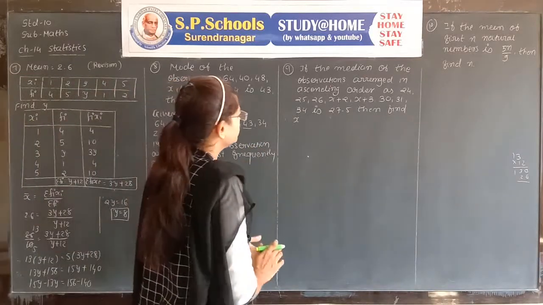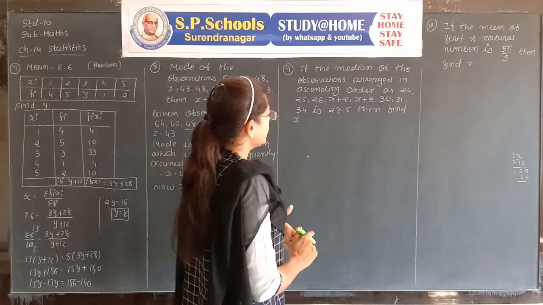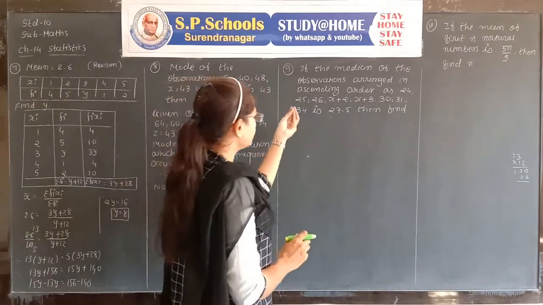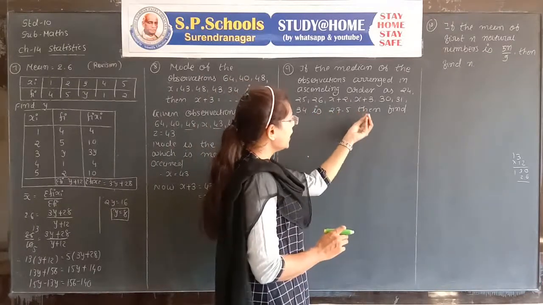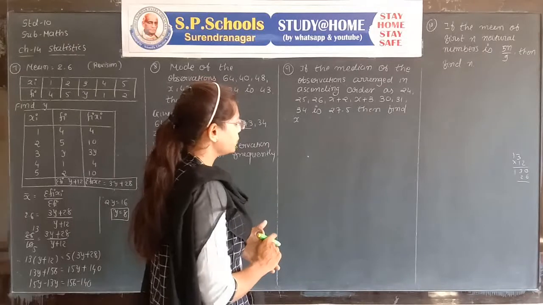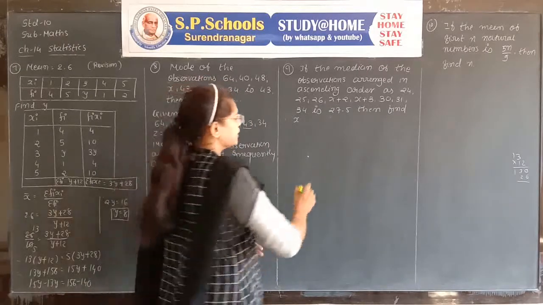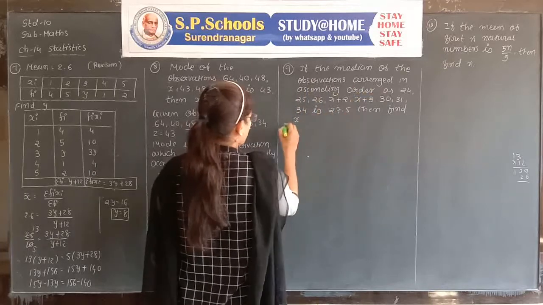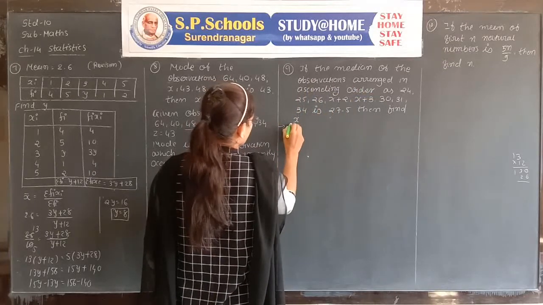Now the 9th number: if the median of observations arranged in ascending order as 24, 25, 26, x plus 2, x plus 3, 30, 31, 34 is 27.5, then find x. Here the observations arranged in ascending order are given.